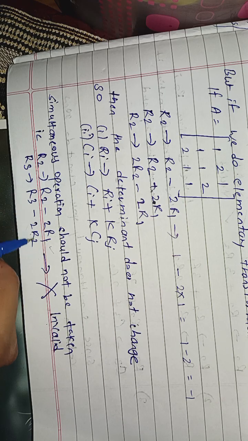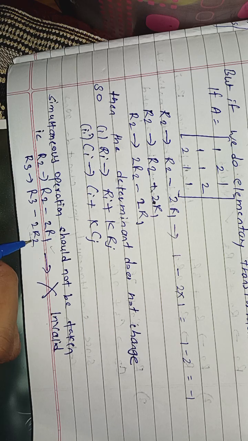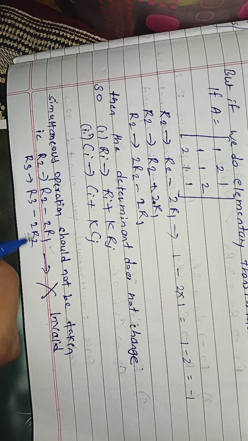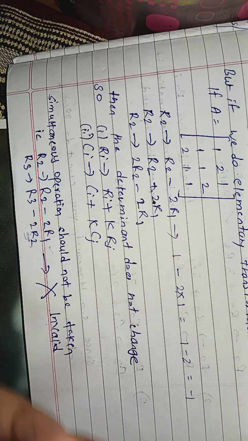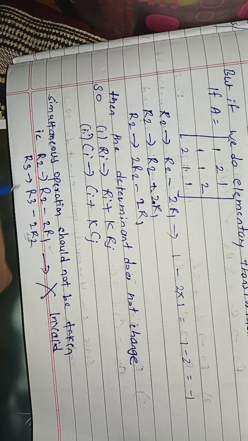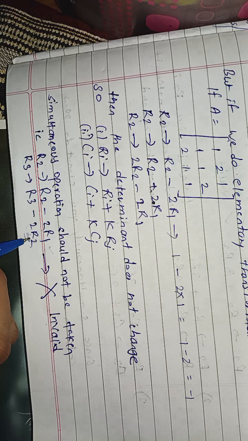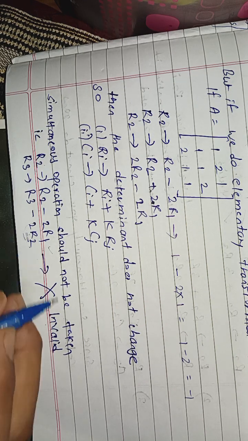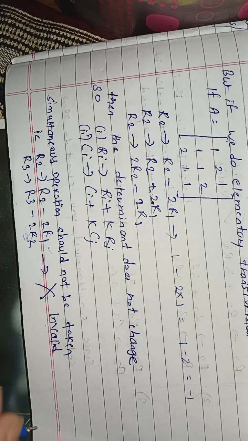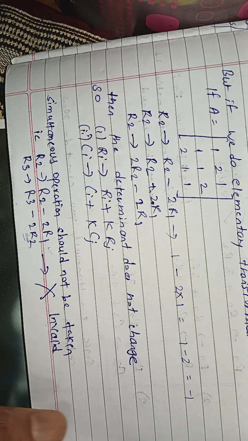In this step, are you taking the transformed value or the value before transformation? We don't know. So in simultaneous operations you cannot take R2 in the next step. If you do this, the determinant will change, so this is invalid.